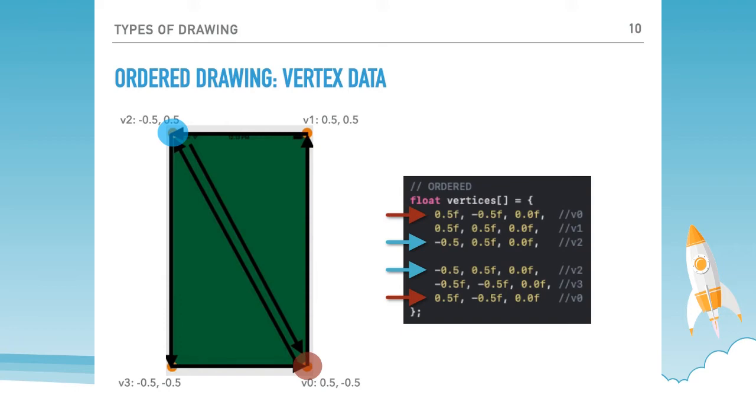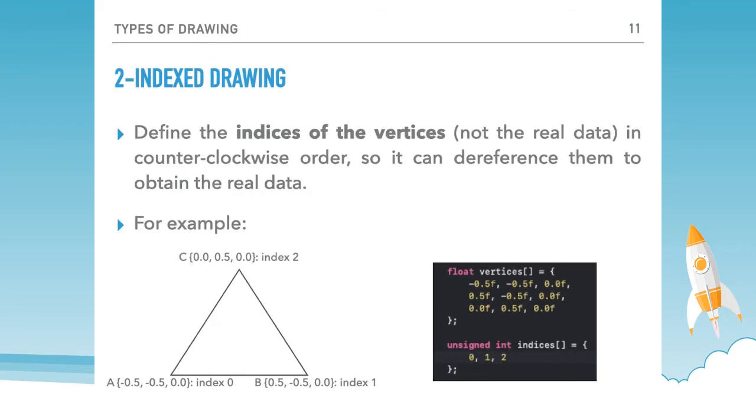So an alternative way to avoid repeated vertices is to use index drawing. Index drawing is a way to define the indices of the vertices, which are not the real data, in counterclockwise order so that they can be dereferenced to obtain the real data.